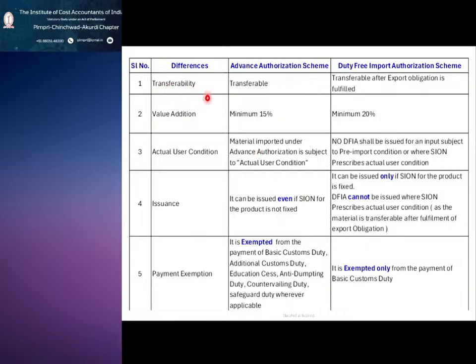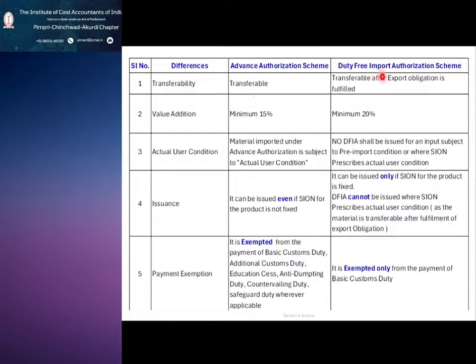So, transferability. The advance authorization scheme is transferable. If you have taken the license and your obligation is completed, you may still transfer the license.